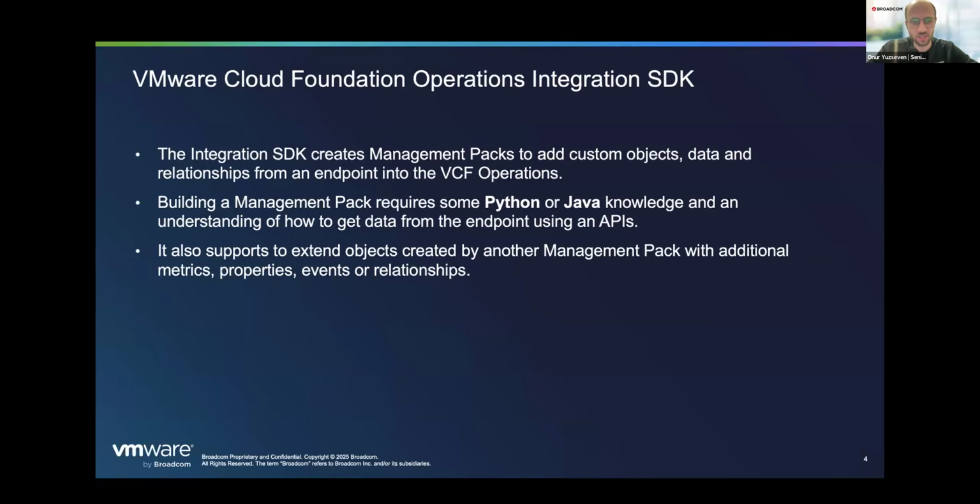Also, the SDK allows us to extend the current objects that have been created by other management packs. So we have two different ways. We can choose to create completely new object types, or we can extend the current object types with this SDK.